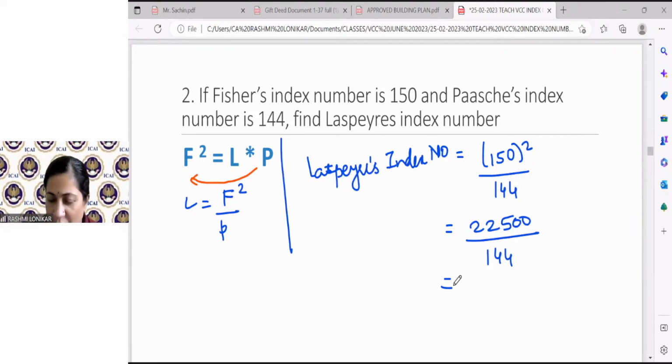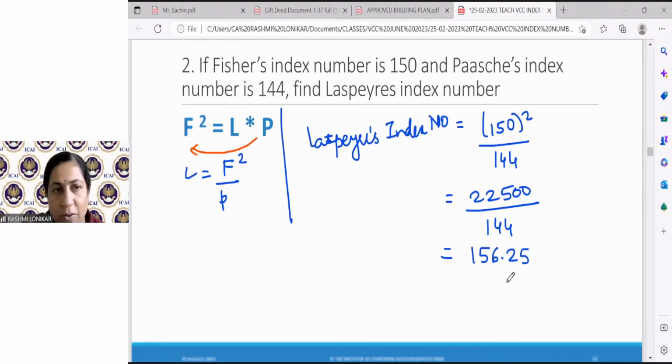Very good, Vaishnavi. You did without the calculator. Narendra also. Parul. Yes, very good. Aditya is saying 156. Pramod is also saying the same. Devendra, Vaishnavi, Pragati. Excellent. 156.25. Okay, very good.